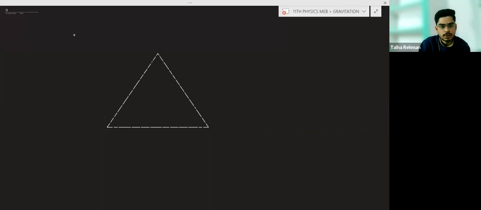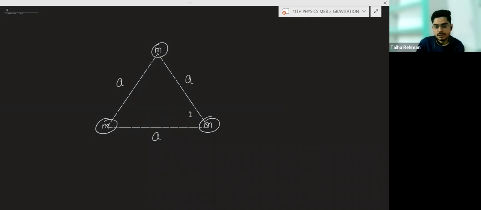Here is M, here is M, and here is M. Three equal masses are placed at the vertices of an equilateral triangle of side A. We have to find the total force on this mass M. Suppose this mass M you can take as mass 1. This is 2. This is 3.